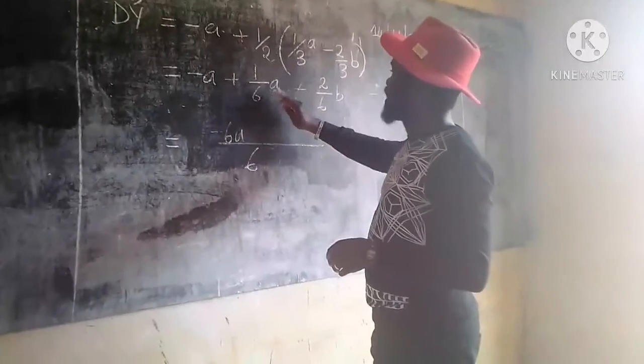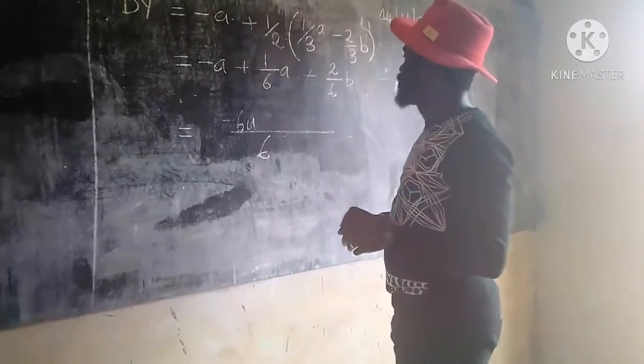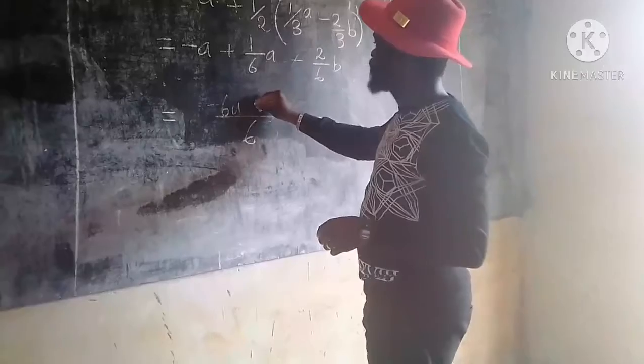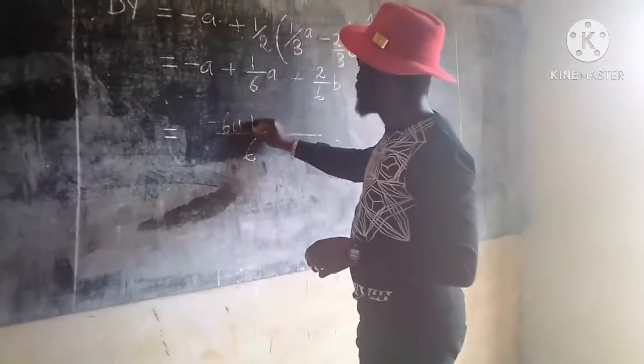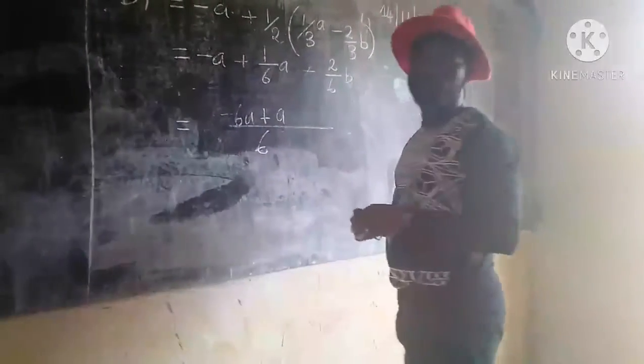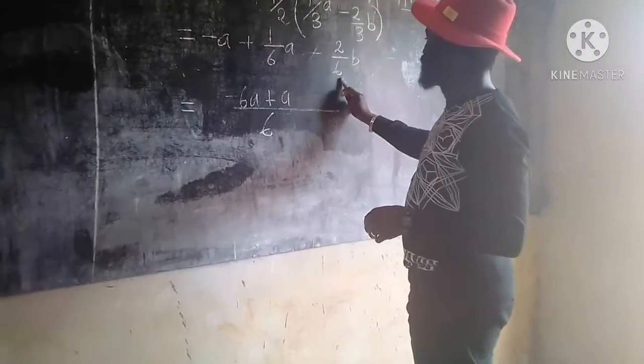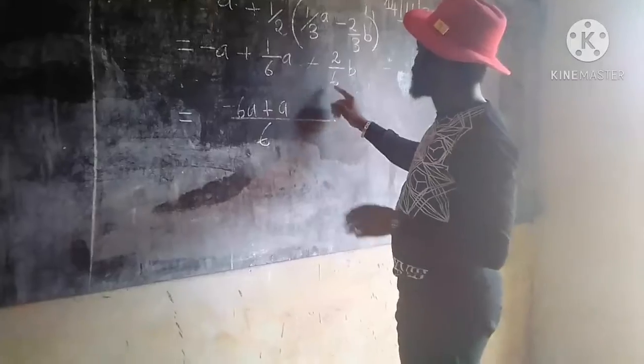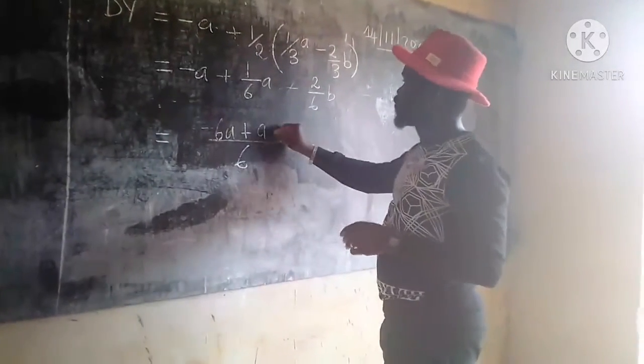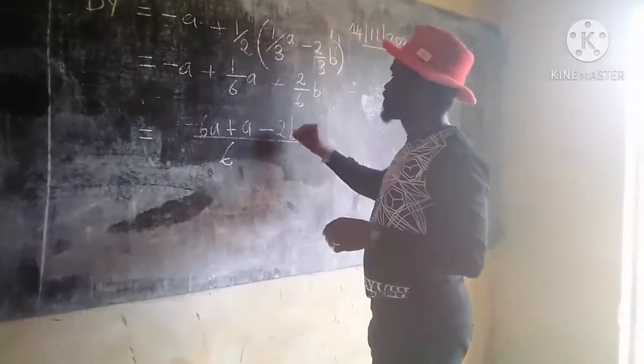Minus 6a, and here you are going to have a. So we have plus a. That's what we're going to have. And here you are going to have, what are you going to have? Just minus 2b. Minus 2b.